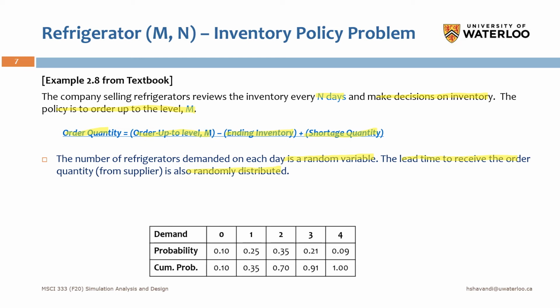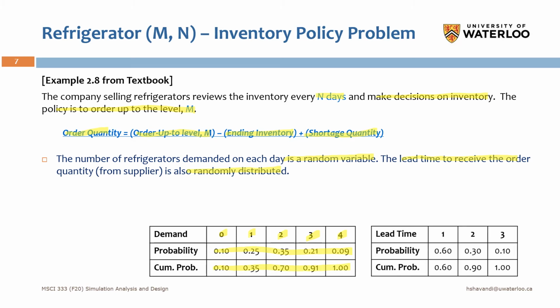As you see here, demand on each day could be 0, no demand, 1, 2, 3, and 4 refrigerators. And these are the probabilities and the CDF. Okay. And the lead time could be 1 day, 2 days, or 3 days. And these are again the probabilities. Okay.